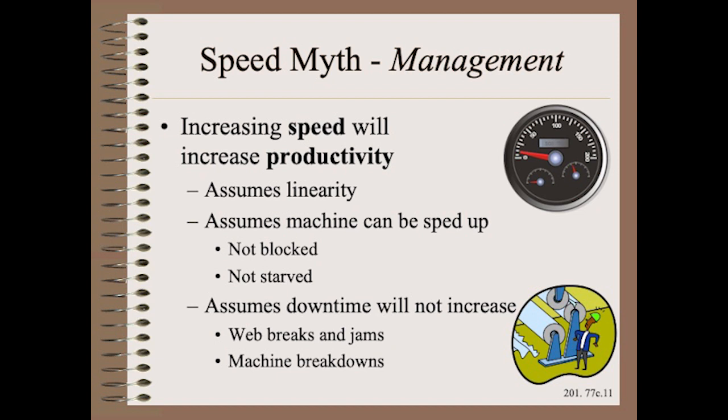That is, if we could just speed up the machine a bit, saleable productivity will also increase a bit. This is often just not the case because management is not familiar with the distribution of events that cause blocking, starving, jams, and breakdowns, to name just a few productivity roadblocks.